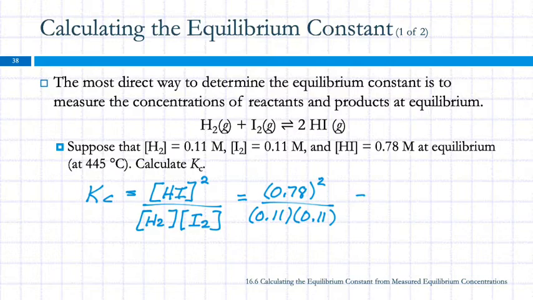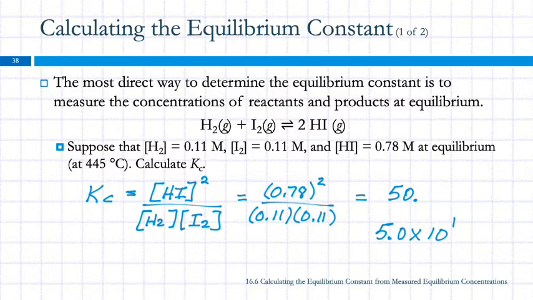So with two significant figures, it'd be 50 with a decimal point, or it'd be better to write it as 5.0 times 10 to the 1. So is this considered small? It's close to 1, compared to 10 to the minus 31 or 10 to the plus 26. 50 is pretty close to 1.